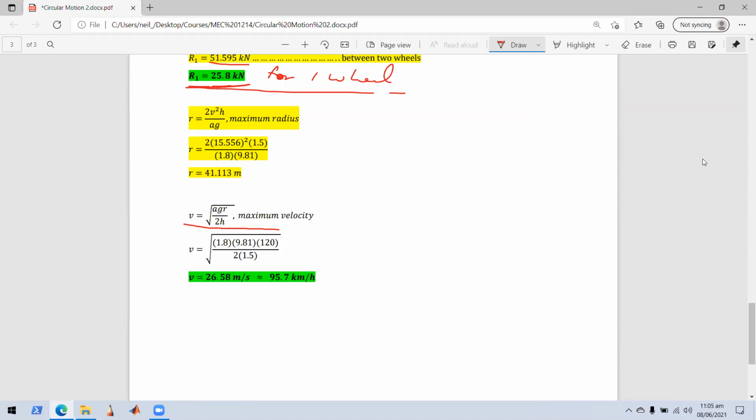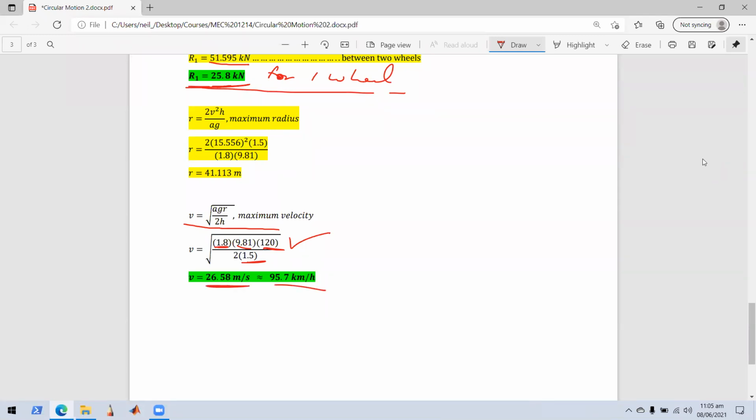We have the height, which is 1.5. You have a, which is 1.8, the distance between the wheels. g is 9.81, the radius of the turn is 120, and 2 is just the number 2. Plug this into the calculator. You should get V is equal to 26.58 meters per second.